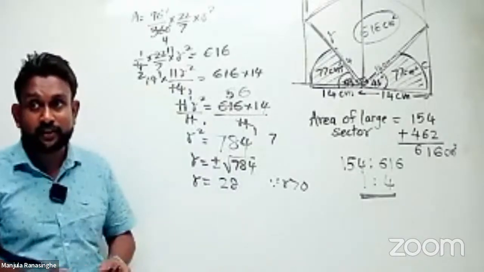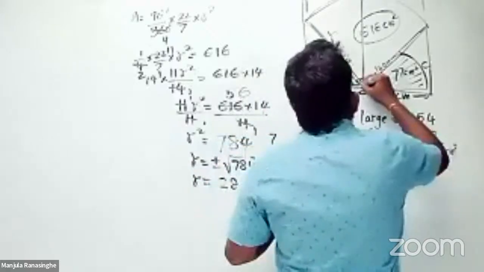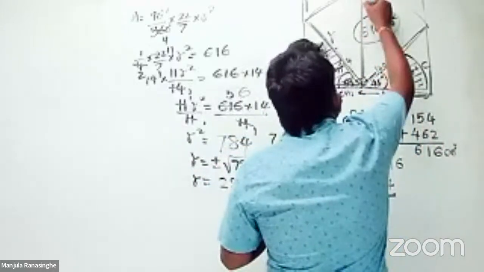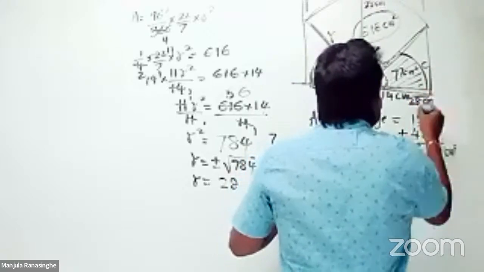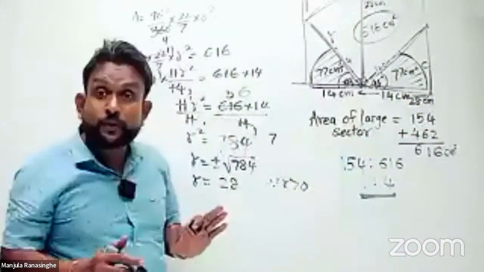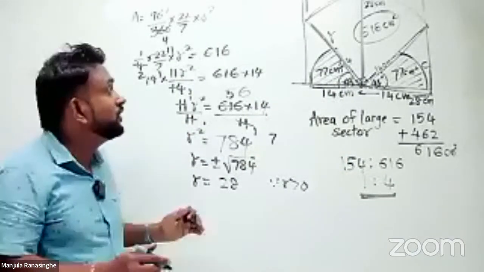28 centimeter. So now how is the arrangement? Here it is 28 centimeter, this much. And here also 28 centimeter. So now you can see that from 28 side square, right?